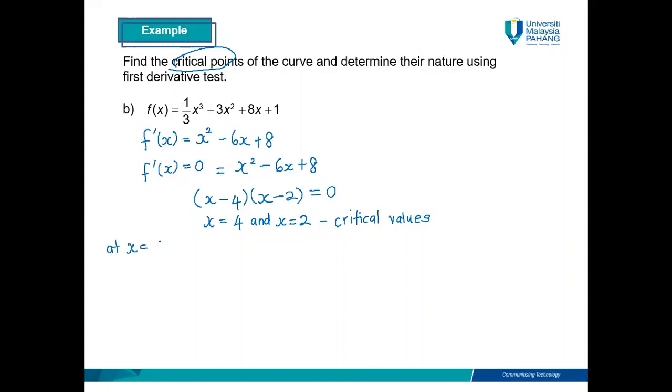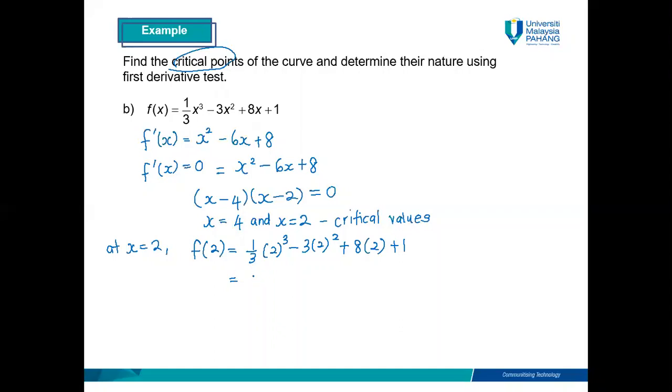At x is equal to 2, you can start with x is equal to 4 as well, but I prefer to start with the smallest number. x is equal to 2, so substitute back into the original function: f of 2 is 1 over 3 times 2 cubed minus 3 times 2 squared plus 8 times 2 plus 1.